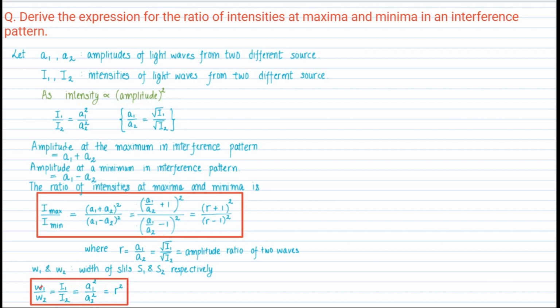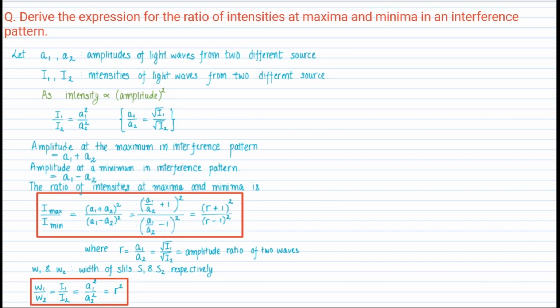So W1 by W2 can also be written as A1 by A2 whole thing square. And you know what is A1 by A2? A1 by A2 is your amplitude ratio. Therefore, your slit width can be written as W1 by W2 equals R square.